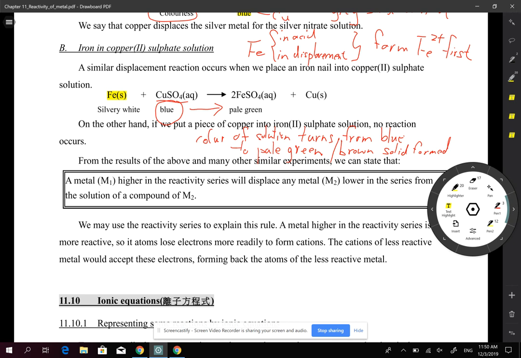Silver, but usually silver nitrate. Other combinations? Just look at the reactivity series. Choose one metal in a higher position and one metal in a lower position. Magnesium and what? Copper sulfate. Copper sulfate. Very good.